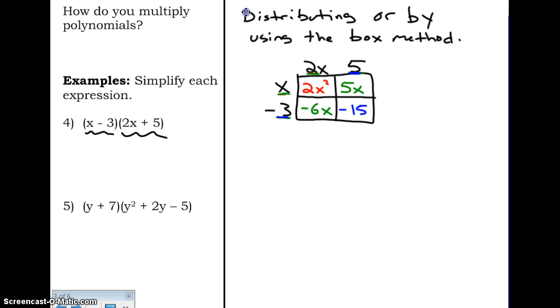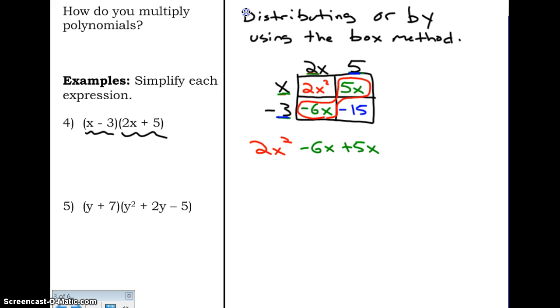So we did a nice job of filling the box in, but we still have to look for like terms. Like terms are usually going to be in the diagonal right here. The other boxes don't have any like terms. So we have 2x squared. The negative 6x plus 5x is what we're going to combine. You can write it out again if you want.